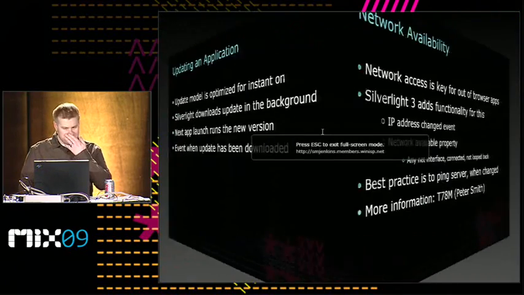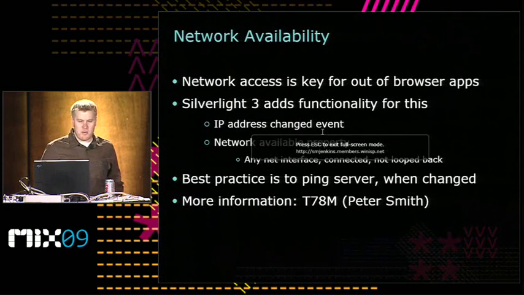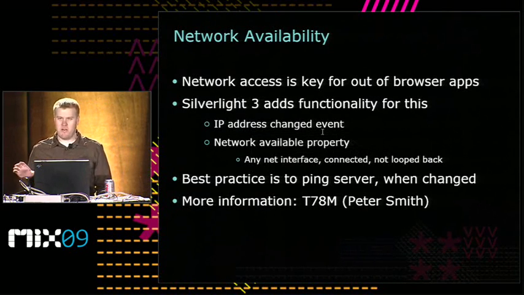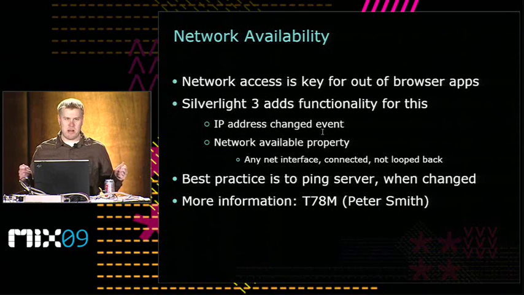So moving on. So let's talk about network availability. Before we even jump into network availability, as far as networking goes, one key thing to understand is that the in-browser app and the out-of-browser app, they're the exact same XAP, the exact same application, and from both an isolated storage perspective and a networking perspective, we treat them as the same thing, and we also remember where your site of origin was for your in-browser app, so the out-of-browser app still thinks that's its site of origin.